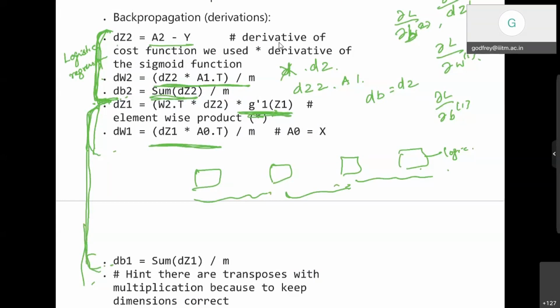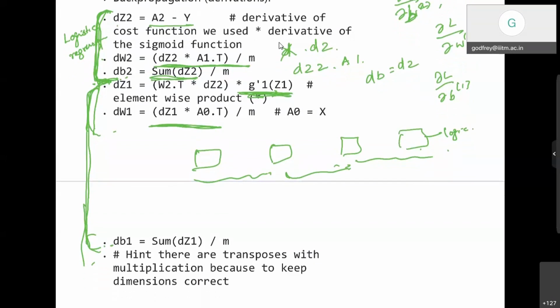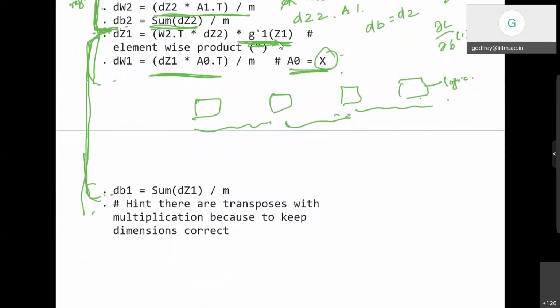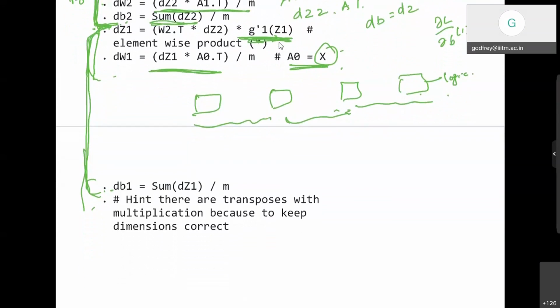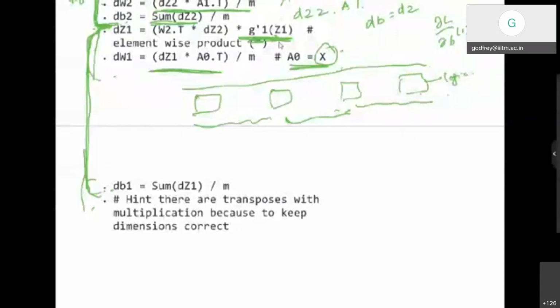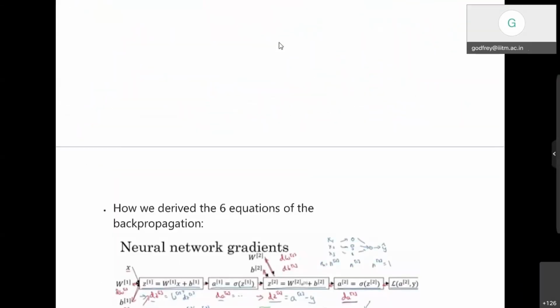Depending upon what your input is, you will have either activation outputs or the input. This is the pattern with respect to a neural network.